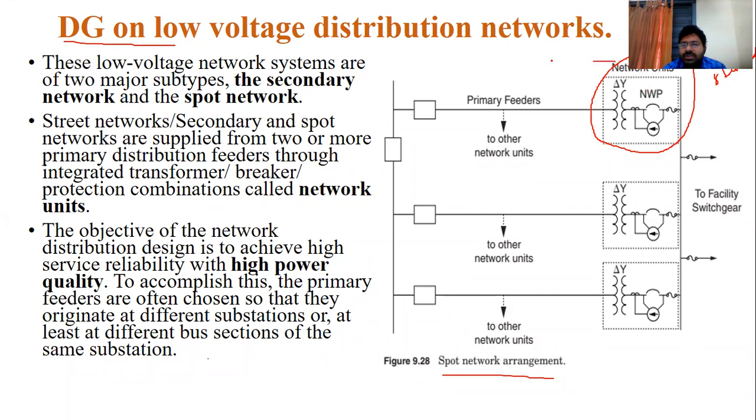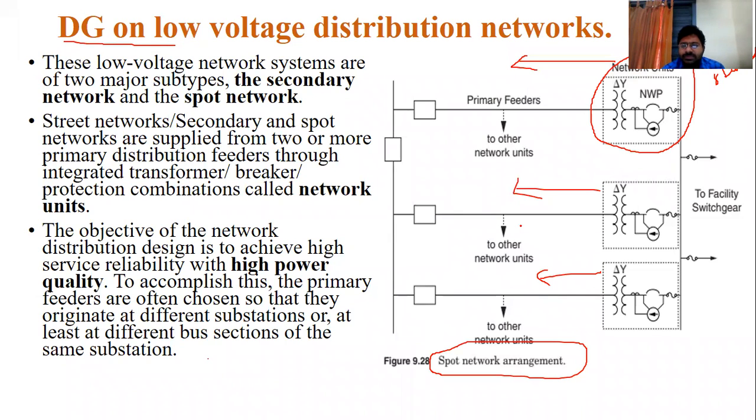In this network, one of the feeders is taken here like this. Likewise there are other different networks, and all of them are added here. Some different feeders form the radial network. This network is used for the spot network arrangement, directly connected to some heavy loads.